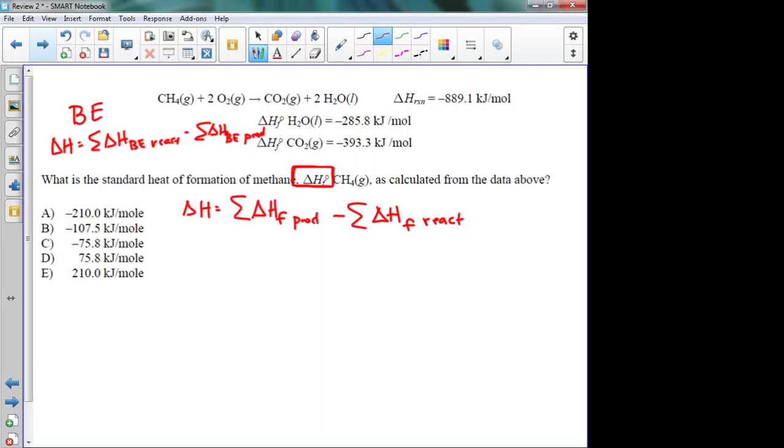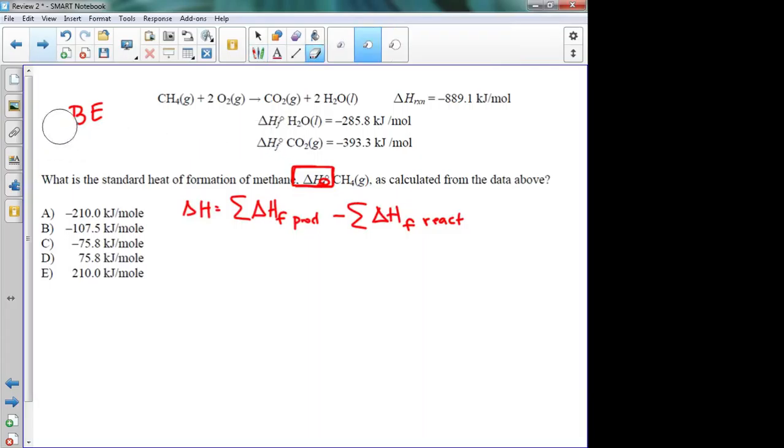Do you see why we do the opposite on those? They gave us delta H of formation, so I'm going to work with products minus reactants. This is Big Mama.